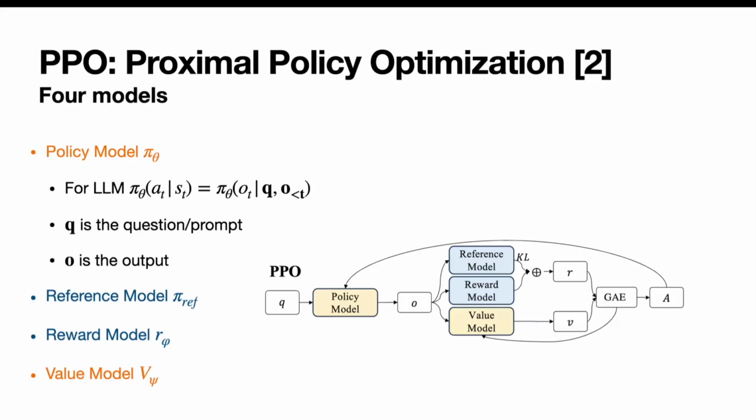The KL penalty and the reward score are then combined into the final reward signal R. Separately, the value model produces value estimates V. The reward signal R and the value estimates V are then used to compute the advantage A with a method called GAE. Finally, this advantage signal tells us how to update the policy model.